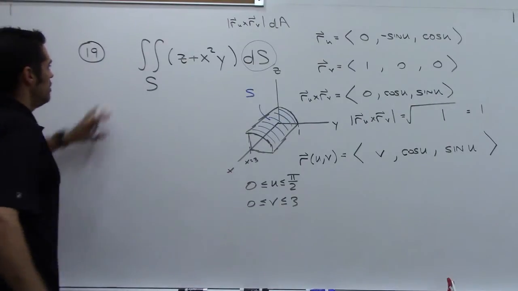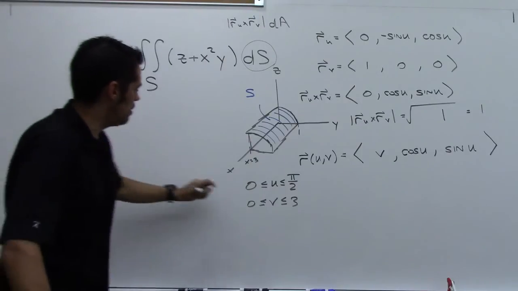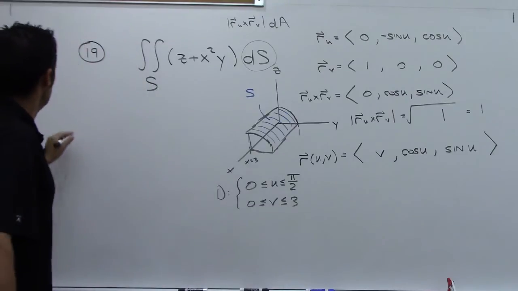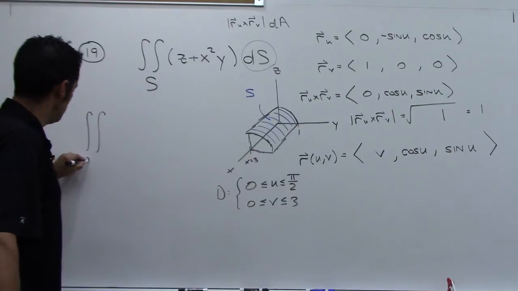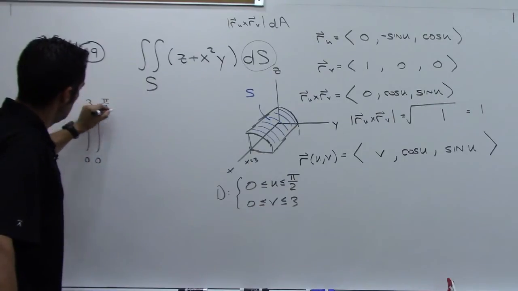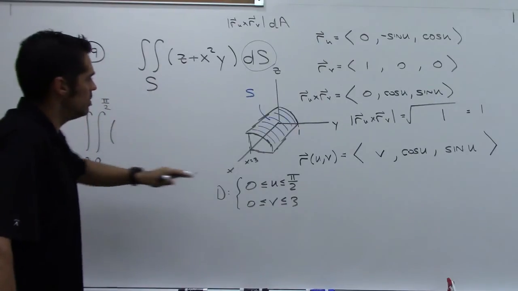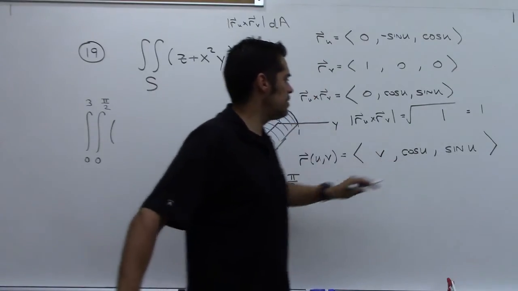I can go ahead and convert this over now to my restrictions here on u and v, which constitutes my D region. So we get a double integral, 0 to 3, 0 to pi over 2, and then I'm going to have this, which I need to plug in my component function, or the components of my surface.